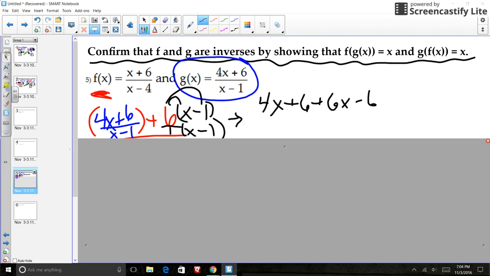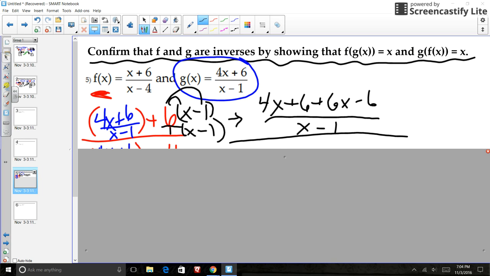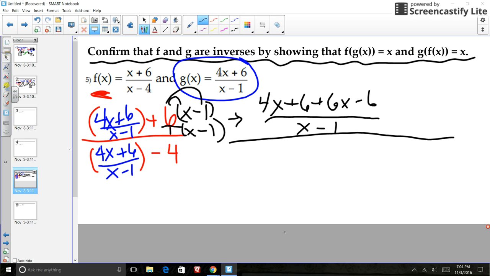You're more than welcome to stop and try this on your own, or also just go through it. So then I've got x minus 1 because I'm just adding fractions. So my common denominator was x minus 1. So that right there is my top half. Okay, now I'm going to draw a big line and deal with the bottom half.